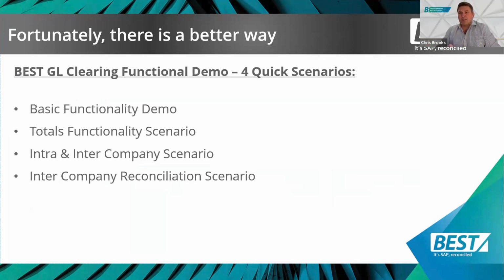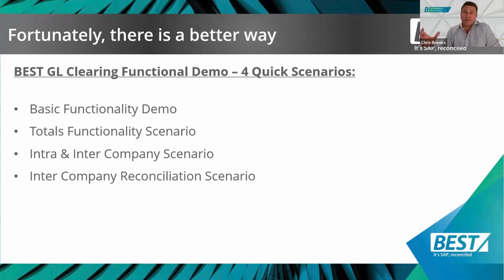And then also just show you some slight variations in terms of how we can look at totals and actually group totals together, just to enable some matching. And then also an interesting side use for our clearing, is that we can use it for inter or intra-company scenarios. So we have customers that use this on a daily basis to clear inter-company and intra-company transactions, so that they can make head or tail of what's going on in these accounts.